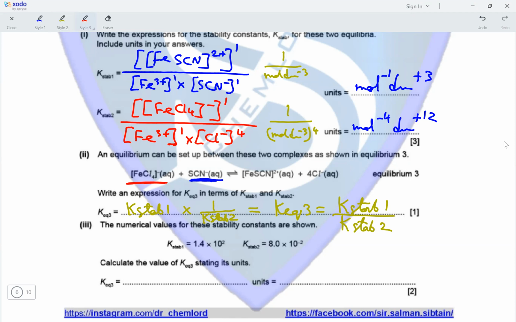So we divide 1.4 × 10^2 by 8.0 × 10^-2. We end up with a numerical value of 1750.